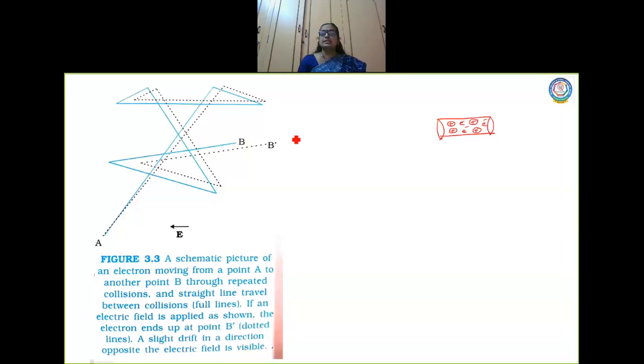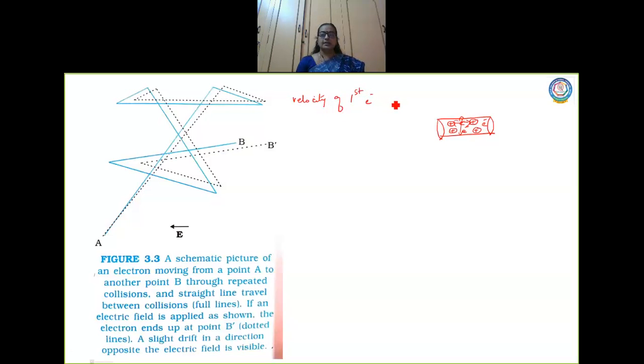Why is it considered to be 0 here? Now an electron will be moving in this direction, some electron will be moving in this direction, in this direction, in this direction. So they move randomly. So what will be the net velocity? Net means average. What will be the average velocity? Let us consider the velocity of the first electron.